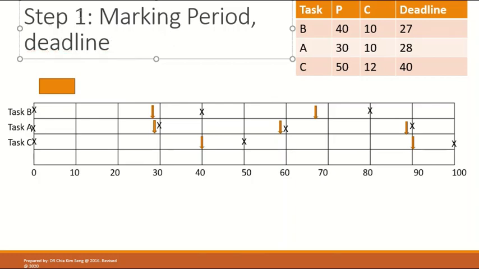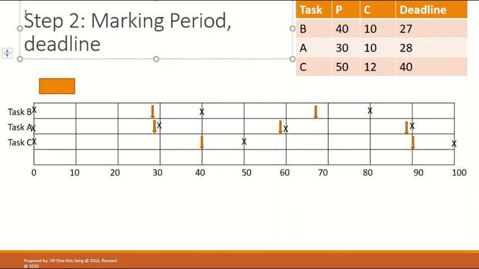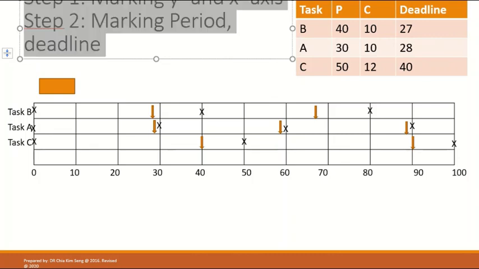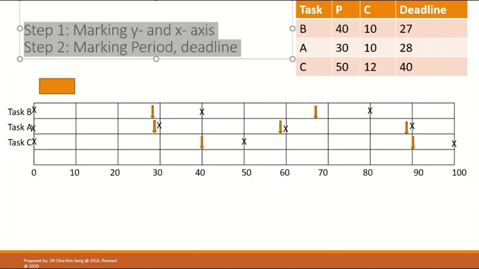Step 1, marking Y and SSA. Actually, sometimes the step is too simple, but it's important, right? Just like the first step to do your final is to read the question, am I correct? If you don't read your question, how are you going to do your exam?